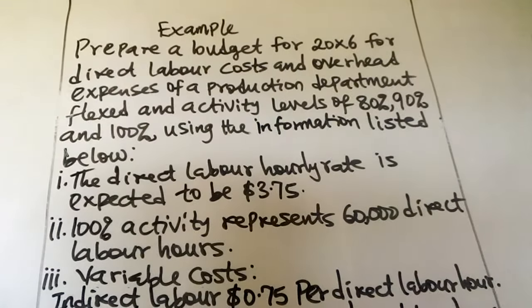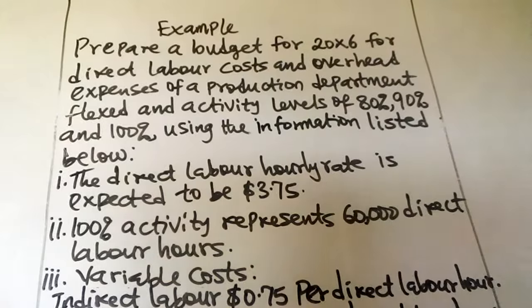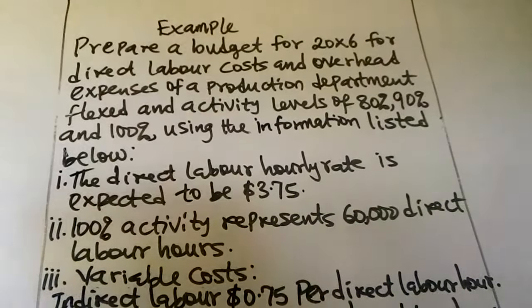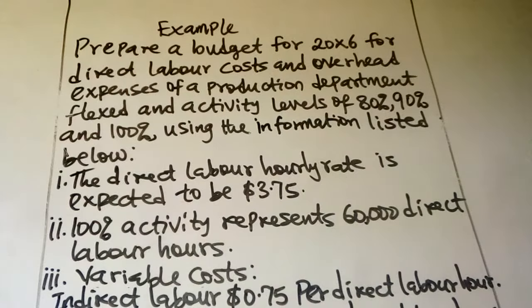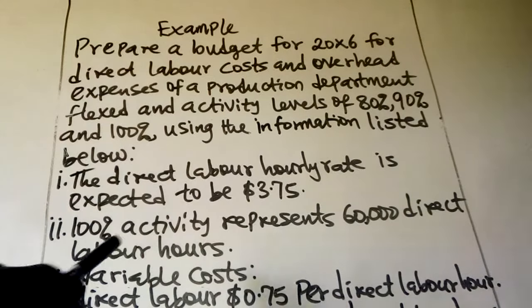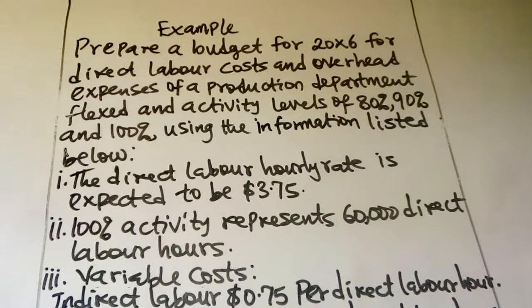Direct labor hourly rate is expected to be $3.75. 2. 100% activity represents 60,000 direct labor hours.